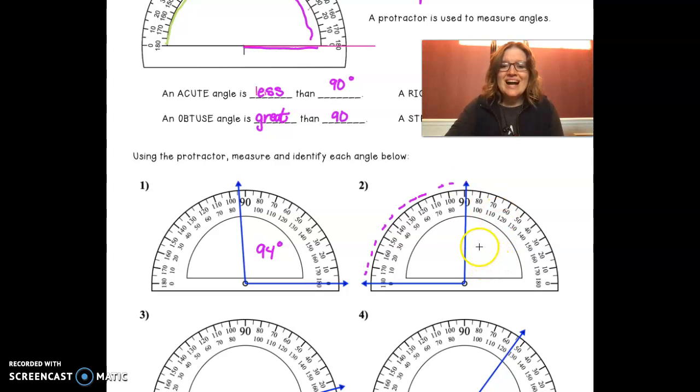It is going to be 91 degrees because our base is right here and we're moving this direction. So we're not using these numbers, we're actually using the inner numbers, and it's a little over 90. So if it's 91 degrees, that tells us that it is obtuse.